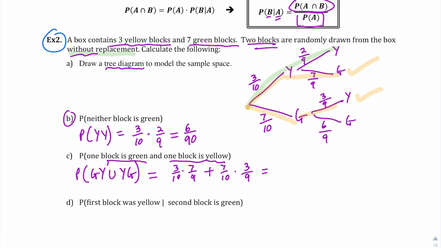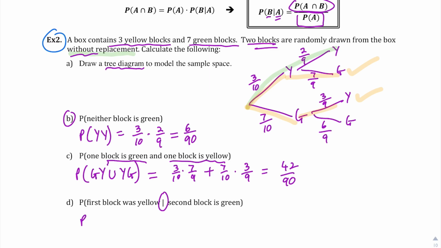And so we're going to get 42 out of 90, 7 3s 21, and we are adding. Common denominators already 90.